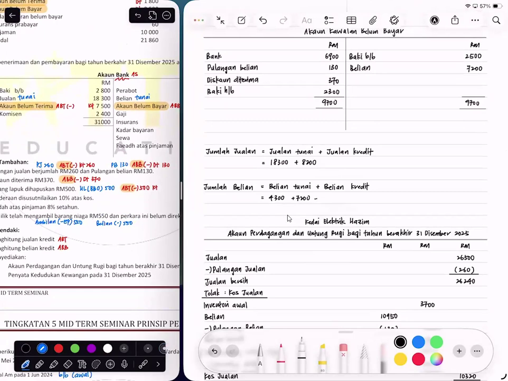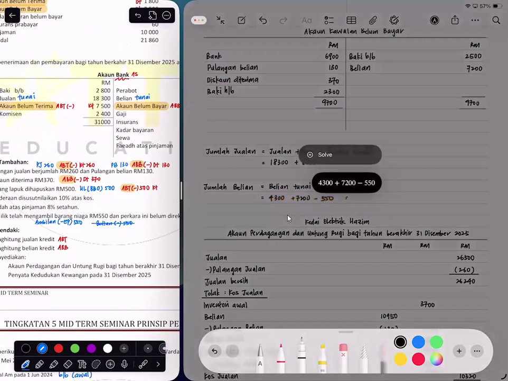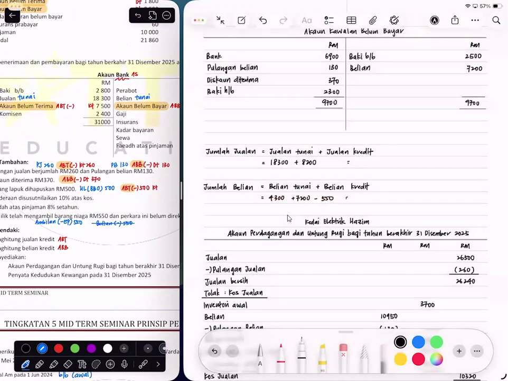So minus berlian by another 550. Then remember to cancel the working of berlian in the question. Okay, then that's all right. Then we can calculate lah to see how much is a jumlah berlian and jumlah jualan. It is 26,500 for jumlah jualan.